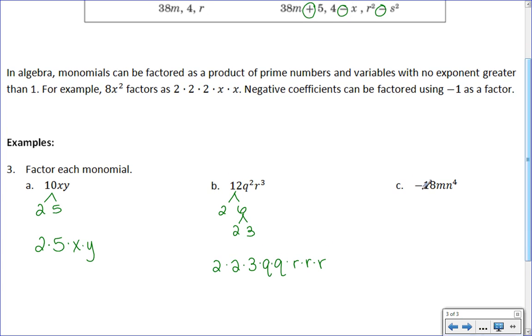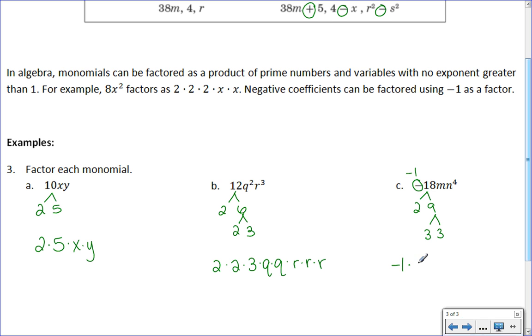Okay. And one more. Here we see the negative there, which means I have a factor of -1 to deal with. So this just means there's a -1. We'll factor 18. 18 is 2 times 9. The 2 is prime, so we'll factor the 9 further as 3 times 3. So as far as numbers go, we have these factors, but then we also have this factor of -1 to make sure we remember.